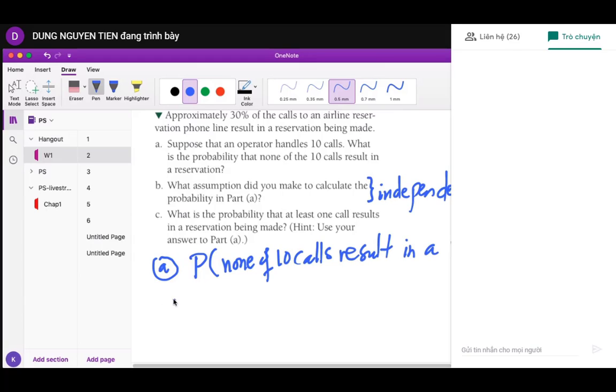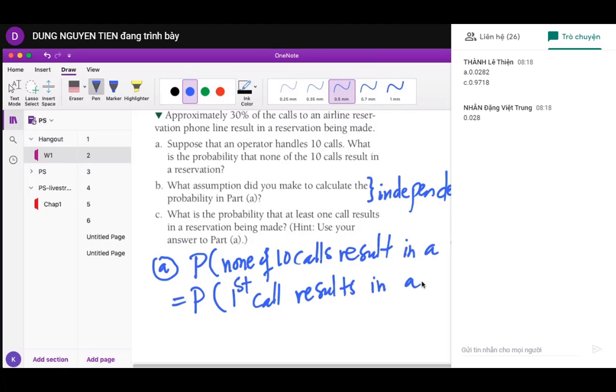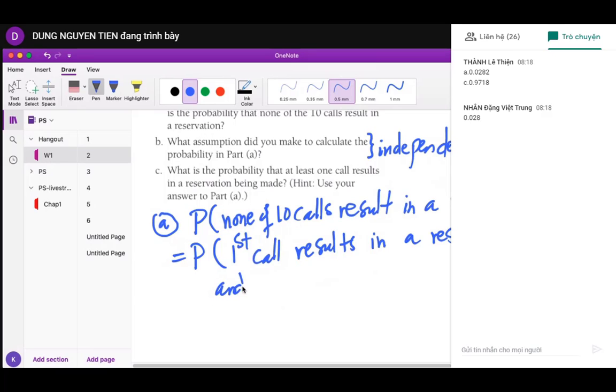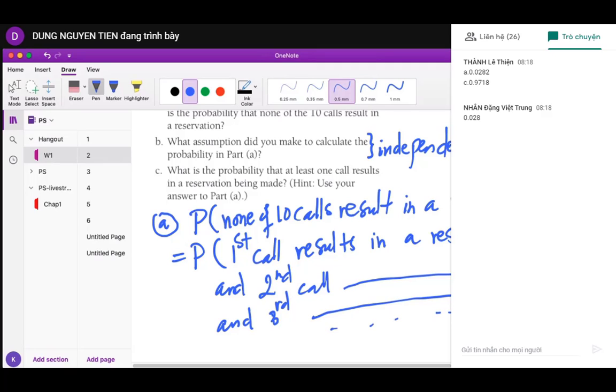It means that you want to find the probability that the first call results in a reservation, and the second call results in a reservation, and the third call results in a reservation, and so on, up to the 10th call.